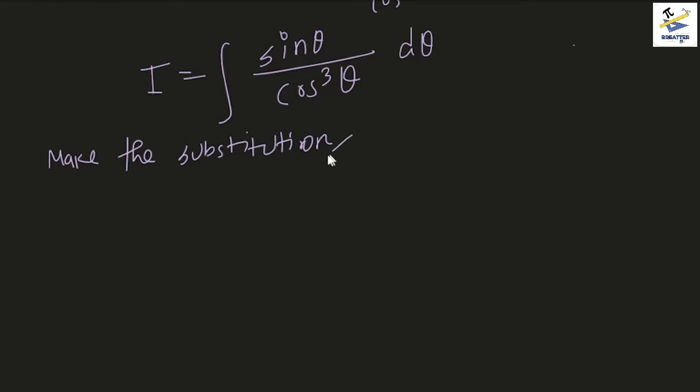The substitution being u equals cos theta, because this will give us du equals minus sin theta d theta.